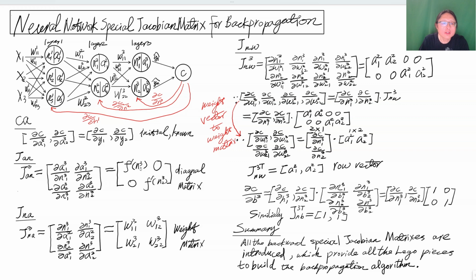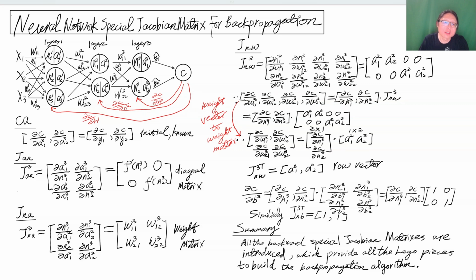We can see the feature here is that A31 basically only depends on N31. So when you take the partial derivative, it's simply the derivative of the activation function. A31 has nothing to do with the net input of the second neuron, so that entry is basically zero.